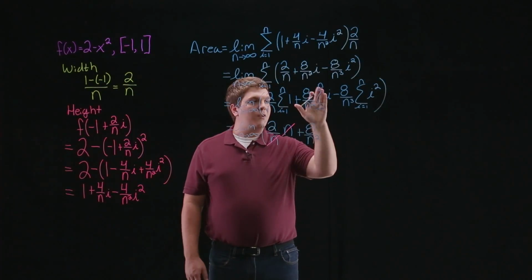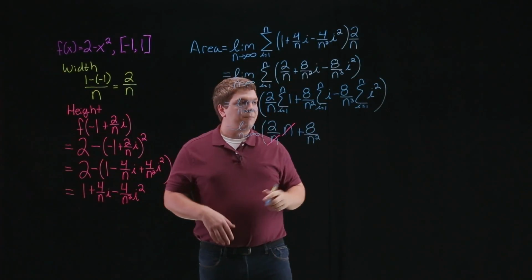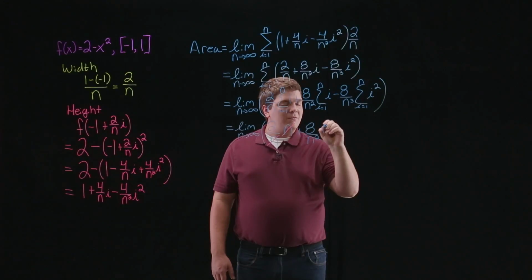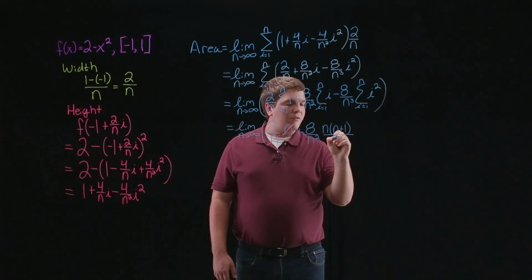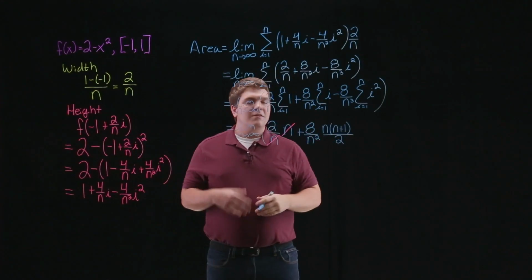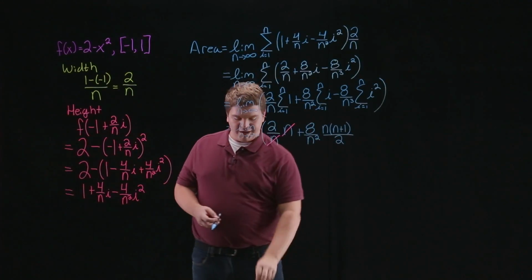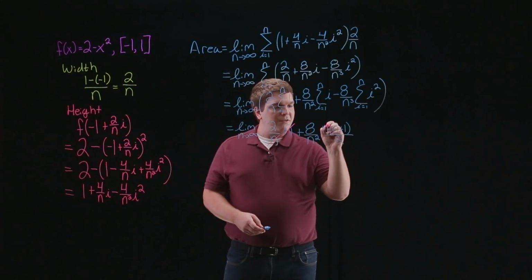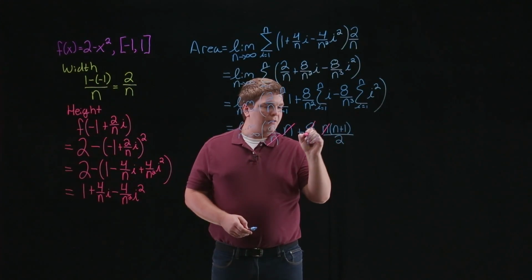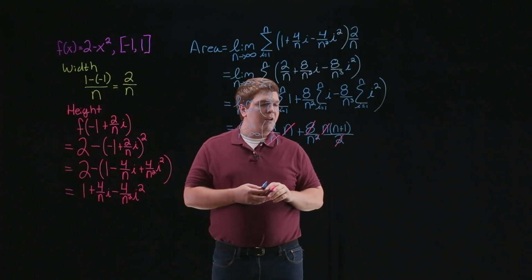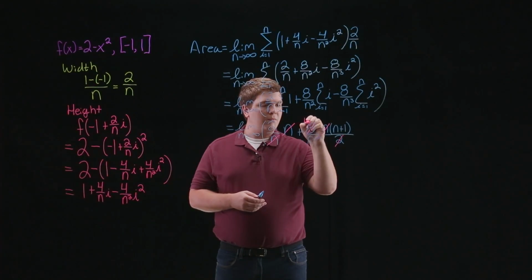Well, the sum from i equals 1 to n of i is n times n plus 1, all divided by 2. So here, we can also do a little bit of simplification. We can cancel this n with one of these n's, and we can rewrite this 8 divided by 2 as just a 4.